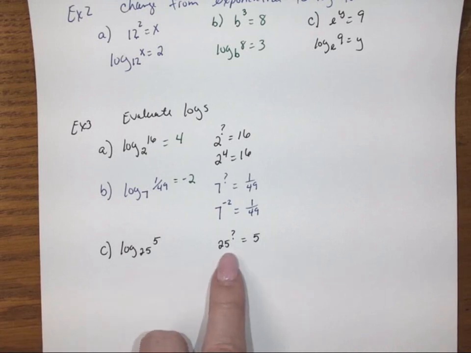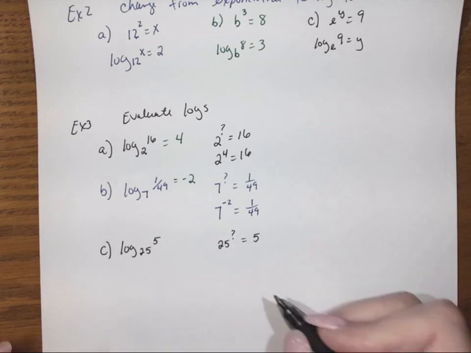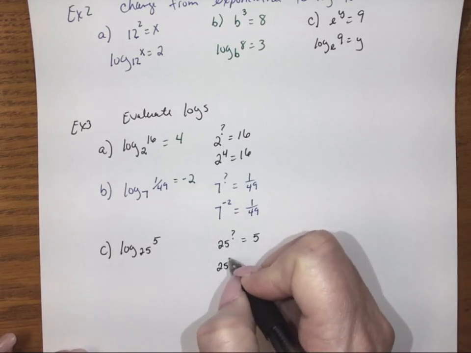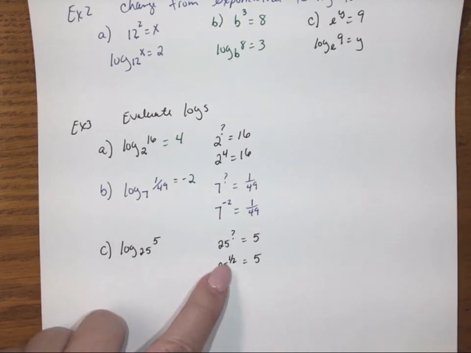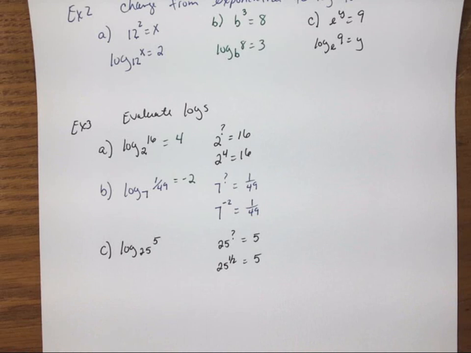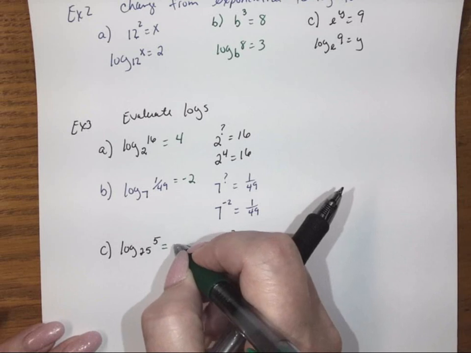Well, the square root of 25 equals 5, and the square root has the exponent of 1/2. So 25 to the 1/2 will be equal to 5, because 1/2 is the same thing as the square root. So that tells us that log base 25 of 5 is going to equal 1/2.